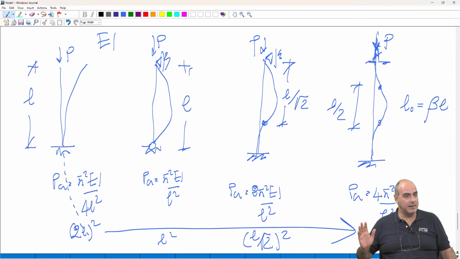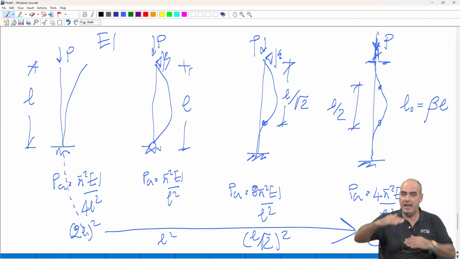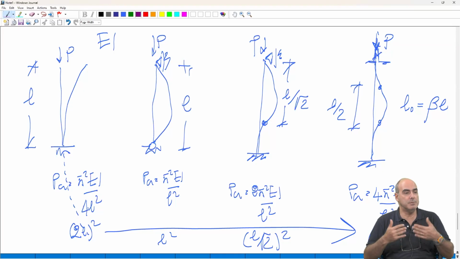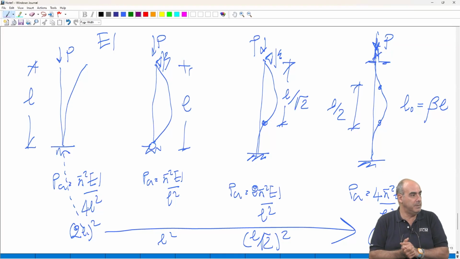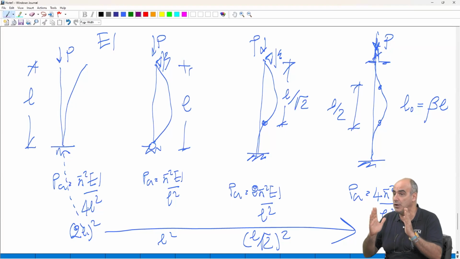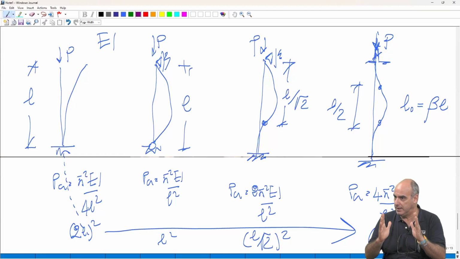We don't go higher because 2 times pi is alpha L for the fully fixed beam. Can you imagine a beam which is more constrained than a fully fixed beam? There is not. You can say I put another constraint in the middle, but that splits your beam into 2 and you go back to the previous case. So we are interested in a very limited range of alpha L values, and this is important.